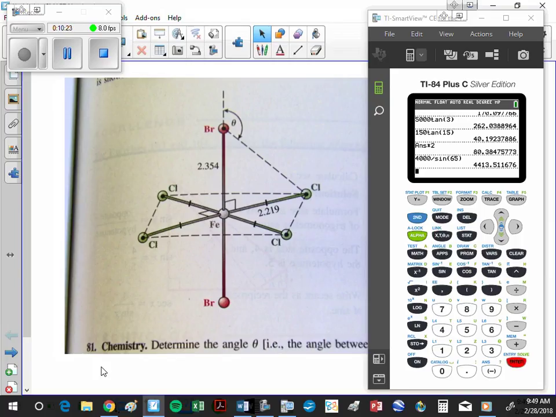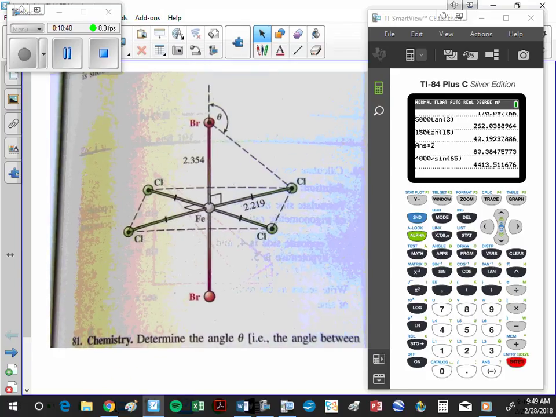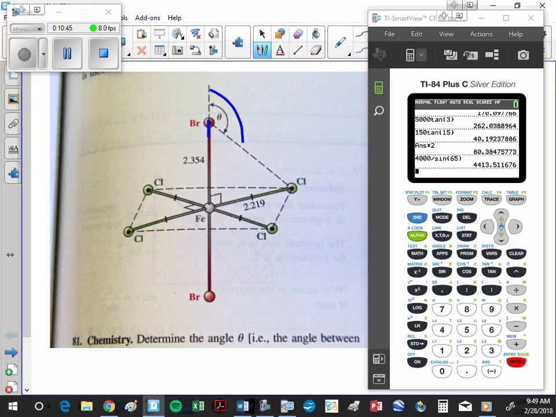81. Determine the angle theta, the angle between the axis containing the apical bromide atom and the segment connecting the bromide to chloride. So angle theta right there. This one. So we have a right triangle right there, and we have two sides of that right triangle.